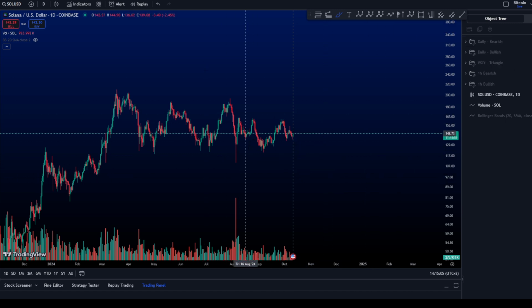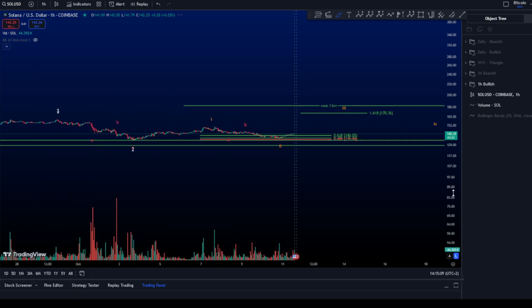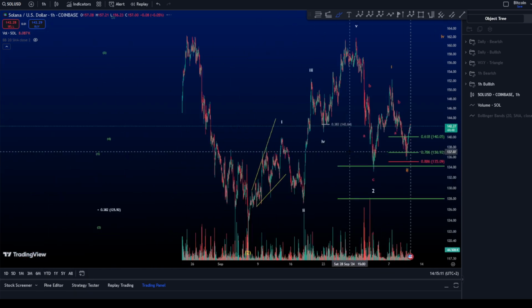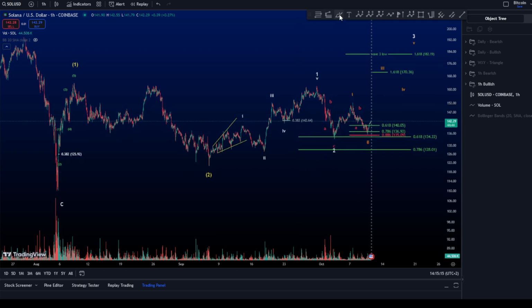So, if we move inside this 1 hour chart and we look at our bullish scenario, we can see that in your 1 hour chart, you have a 1, 2, where we have a bottom for a wave 2 ABC at the 0.78. Another 1, 2 here, after having an impulse.